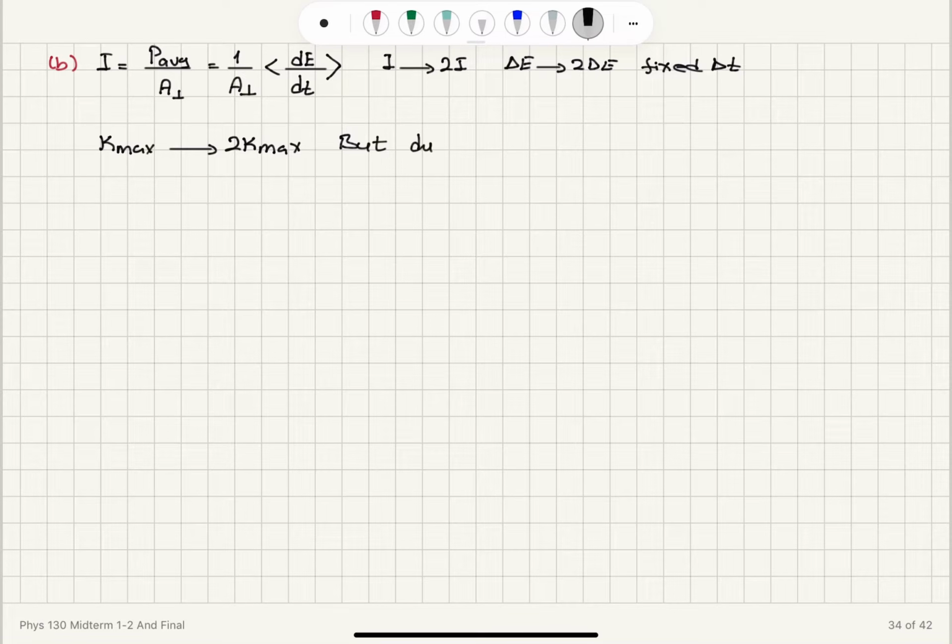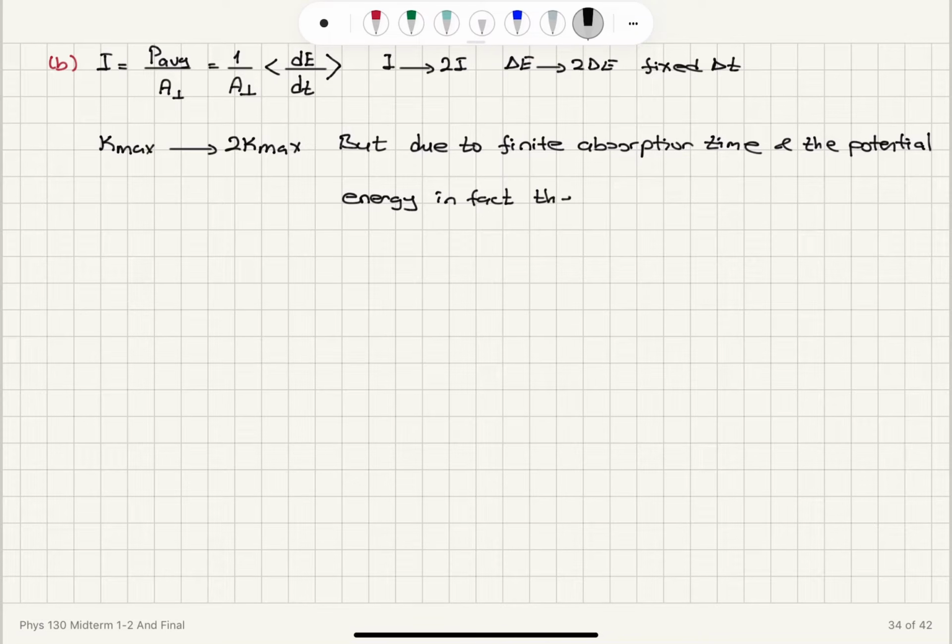Due to finite absorption time and the binding energy and the potential energy, in fact, the maximum kinetic energy will be less than doubled.